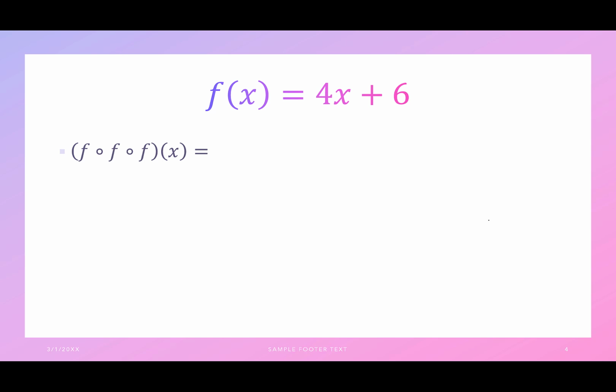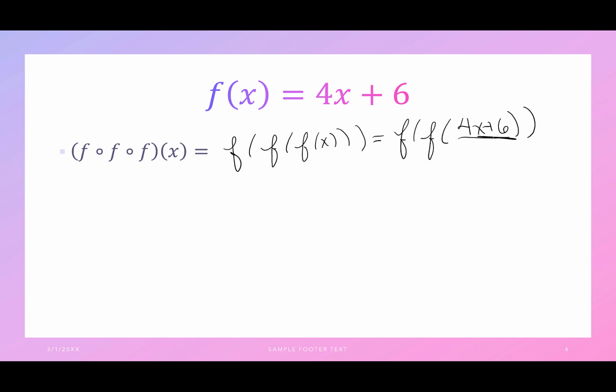So let's try this. I have f of x equals 4x plus 6, and we're going to do f of f. So that says I'm going to take f of f of x. Kind of watch the parentheses. Okay, so leave the first f, leave the second f, and the first f is 4x plus 6.